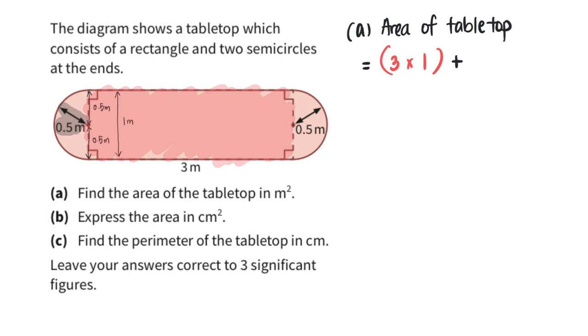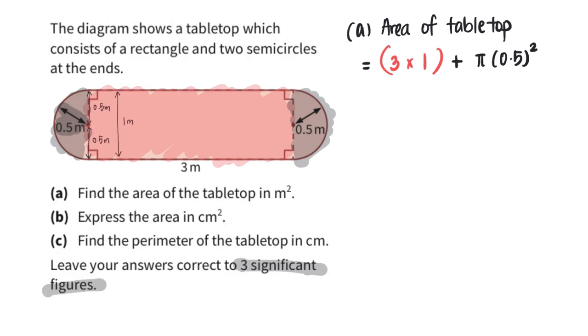It is simply one circle, so it's just pi r square for the two semicircles here that we are looking at.